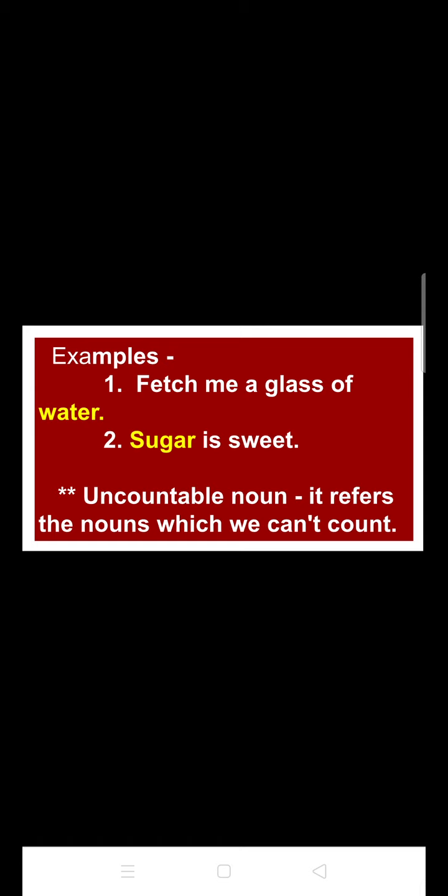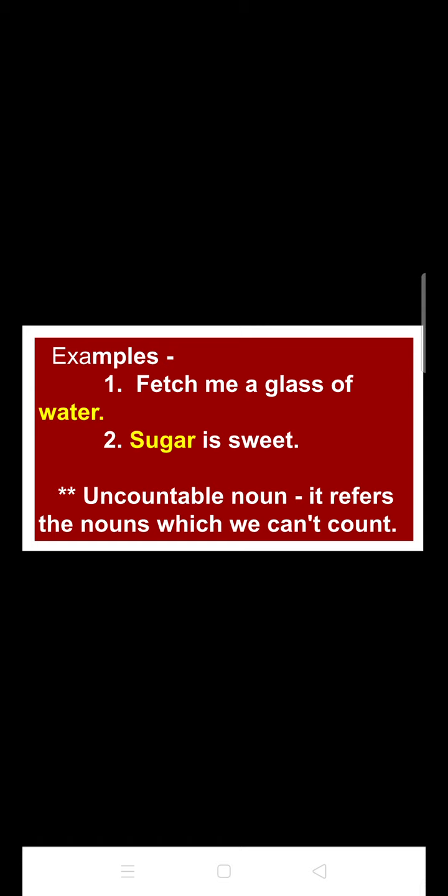So the words water and sugar, can you count them? No, you can never count water or sugar. Yes, you can weigh them, but counting is not possible in terms of these words.